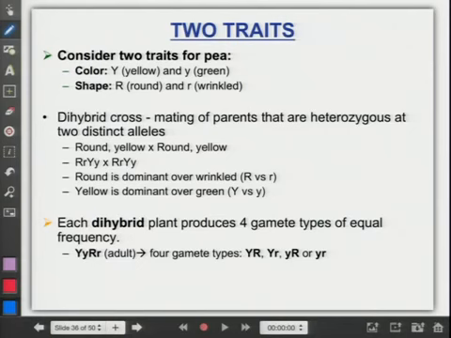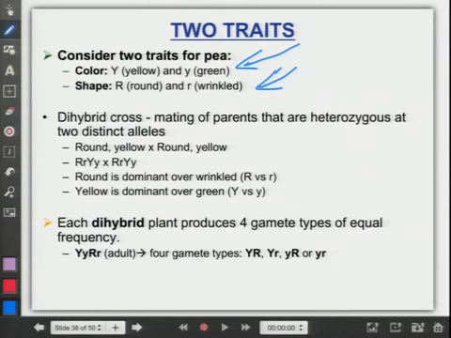Homozygous would be big T, heterozygous for color, big G, little g. Right? To be able to think about phenotypes, what is their genotype? I give you the genotype, you tell me the phenotype. Okay? And so it looks something like that. And so color and shape are two totally different traits.